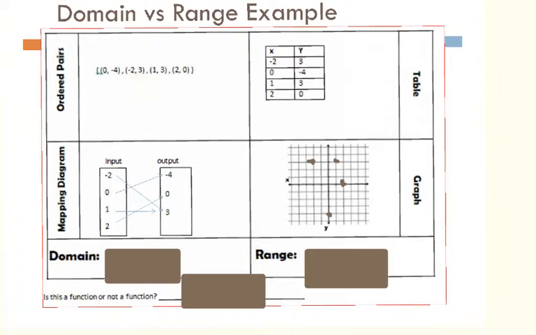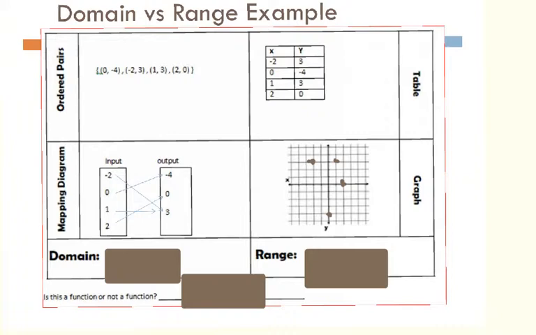Point (-2, 3), there it is on the table, mapping diagram, graph. (1, 3), here it is on the table, there it is in the mapping diagram, here it is on the graph, and then the last one, (2, 0), also shows up in all 4 places.